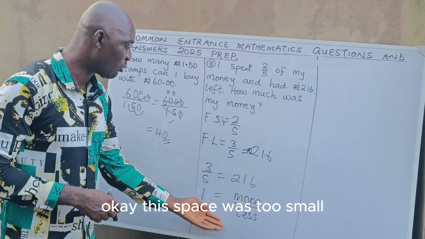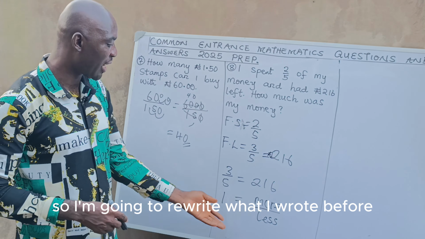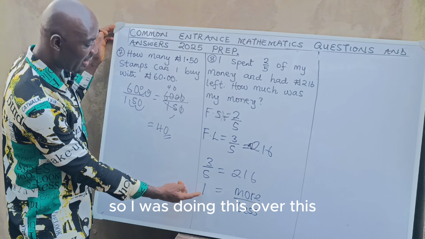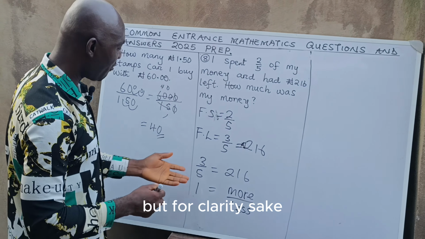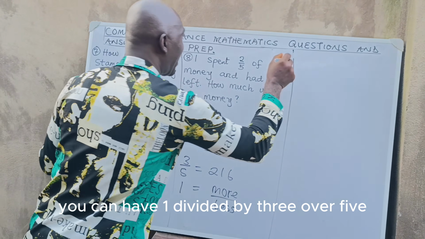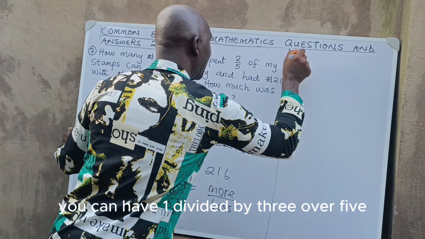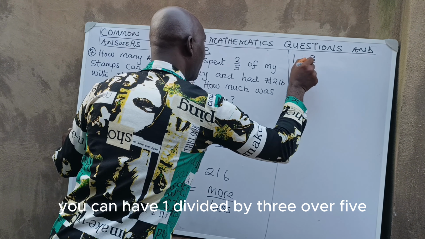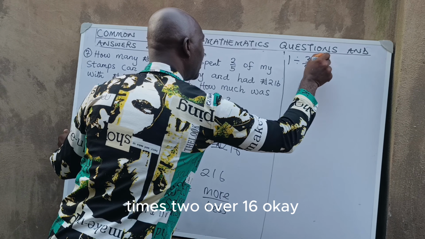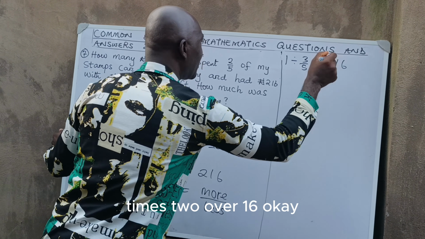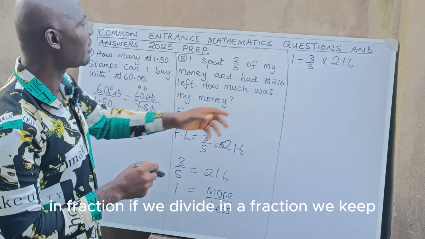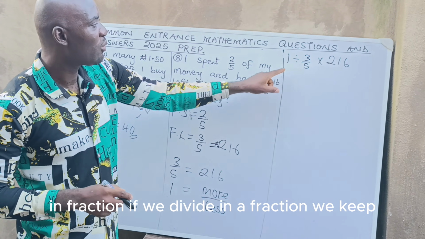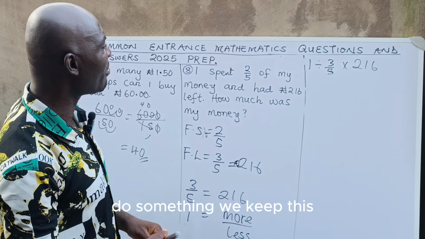Okay, the space was too small, so I'm going to rewrite what I wrote before. So for clarity's sake, we can have 1 divided by 3/5 times 216.